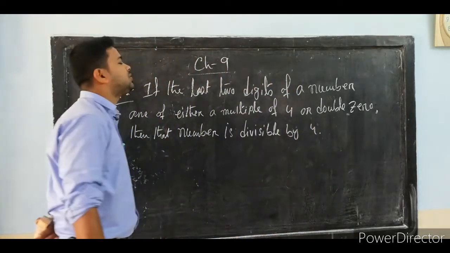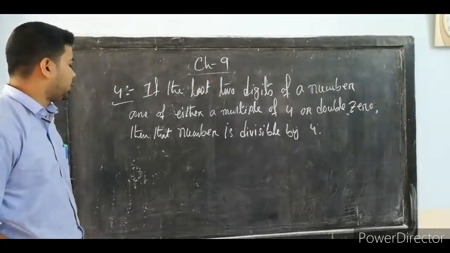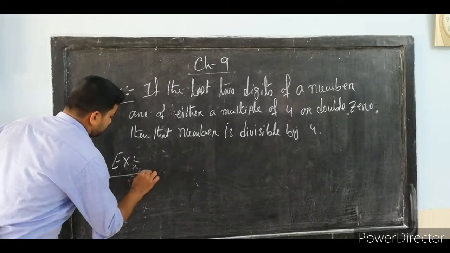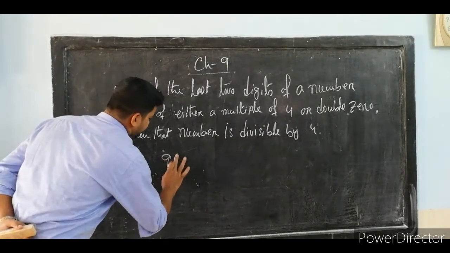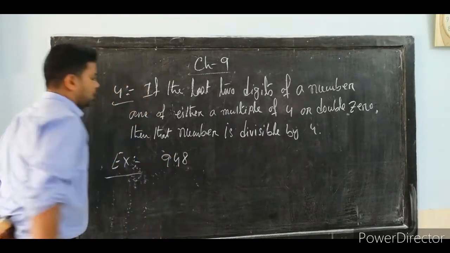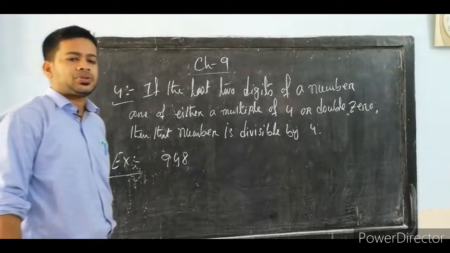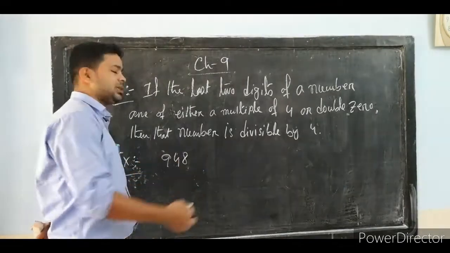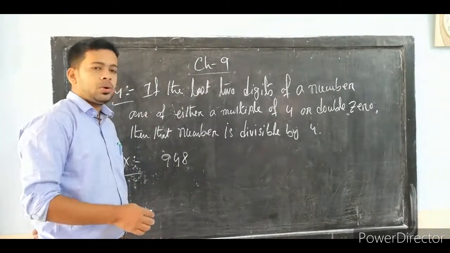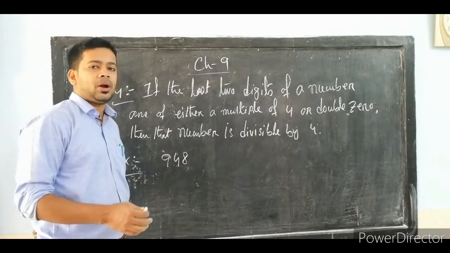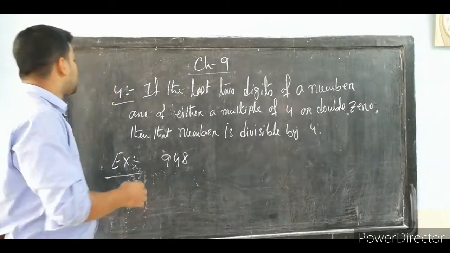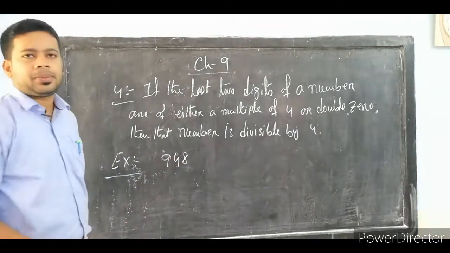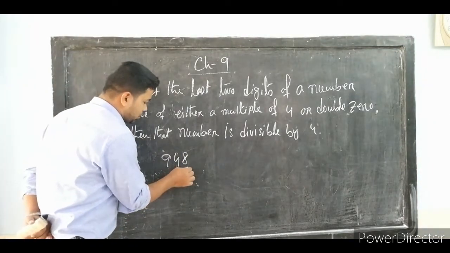So what is the rule? If the last two digits of a number, for example, if we write a number 948, suppose a number is 948, how can we say that this number is divisible by 4 or not? To check this, we will see only the last two digits of that number.